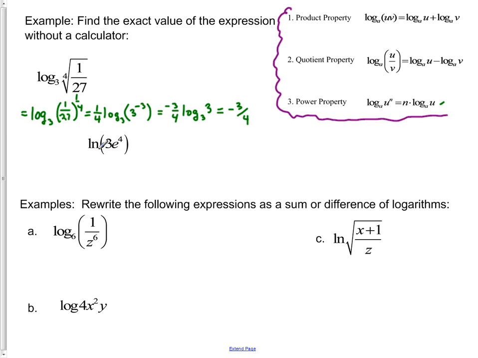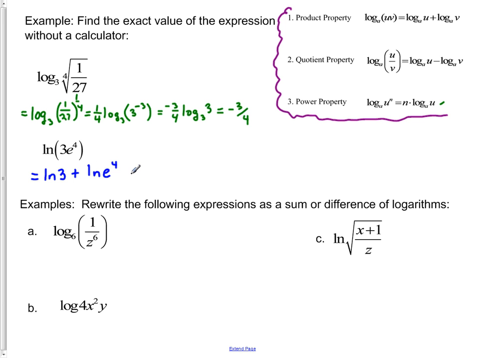Let's talk about this natural logarithm of 3 times e to the 4th. Well, let's rewrite it. If we rewrite it properly, this is really going to be the same thing as, by our product rule, 3 times e to the 4th right here. We want to break that up. So that's going to be the natural log of 3 plus the natural log of e to the 4th.